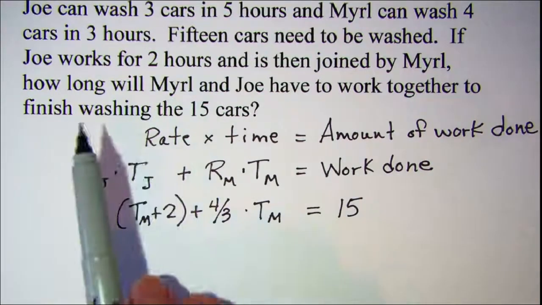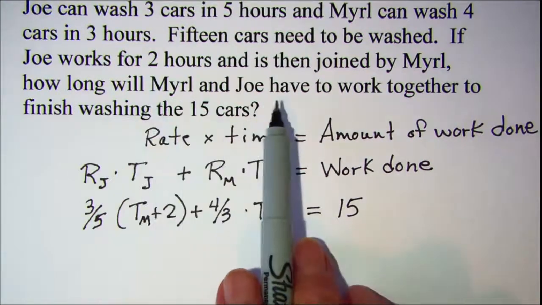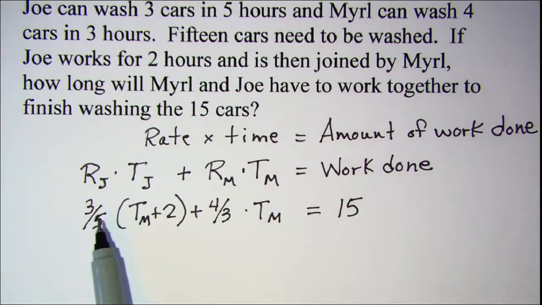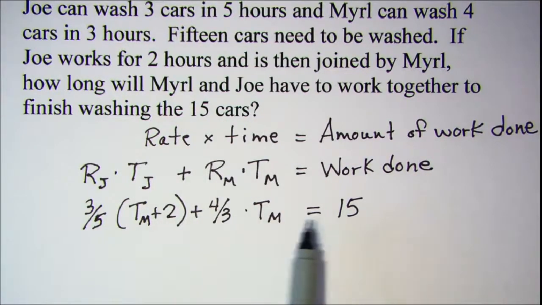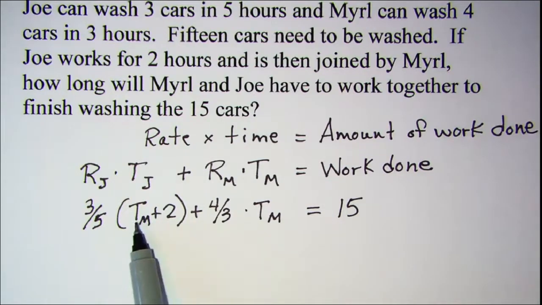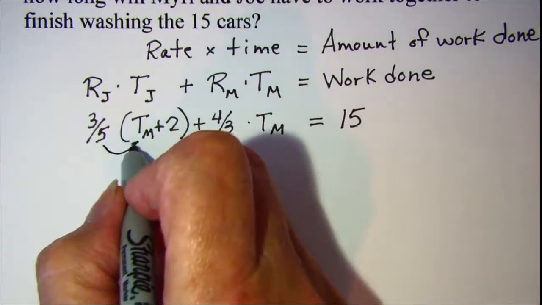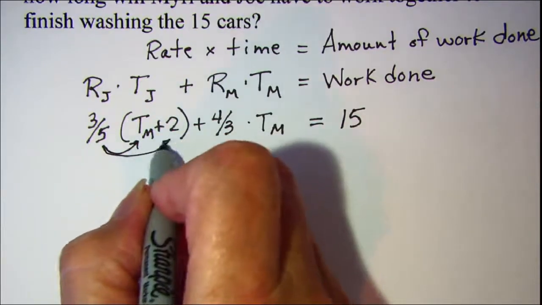All right, then the final question, how long will Merle and Joe have to work together to finish washing the 15 cars? So you'll notice that our equation only has the one variable, which is T sub m. So I can go ahead and work this equation. Let's distribute this 3/5 through the binomial.